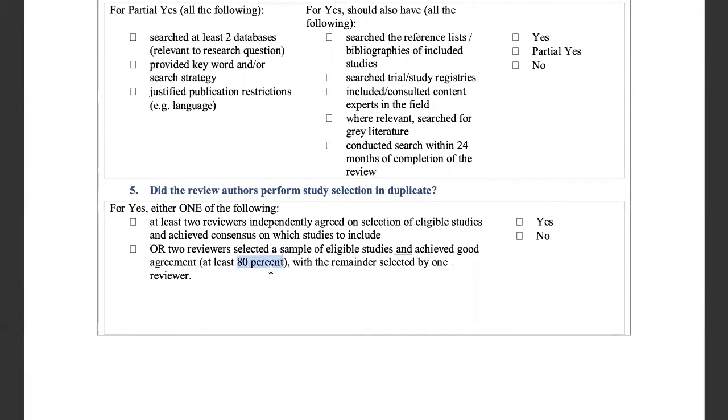For this agreement here, we usually use the kappa to calculate the agreement level, with the remainder selected by one reviewer. And it's not clear here, but if they say that a third reviewer was requested to help solve any disagreements between the first 2 reviewers, it's okay, and it should be yes as well.